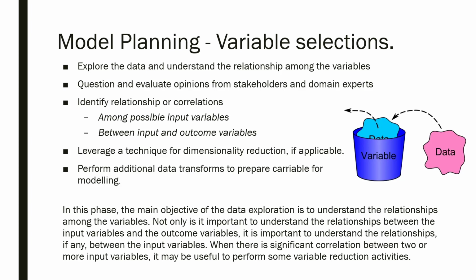You should leverage a technique for dimensional reduction if applicable, and you should perform additional data transformations to get the data ready for modelling. On the right hand side you've got data, for instance, which has been thrown into a bucket, which has a set of variables that you then need to put that data into, and when you put it into that, then you can start to analyse it properly.